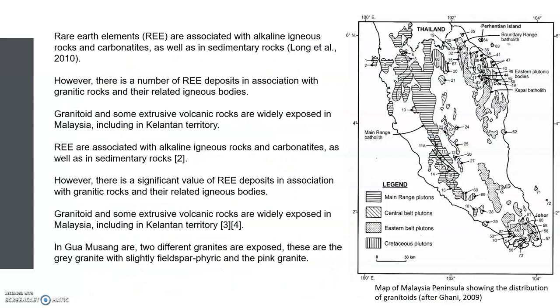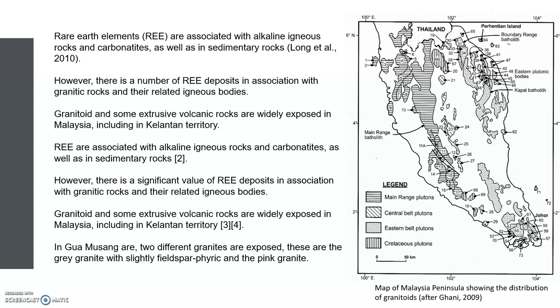Although rare earth elements are relatively abundant in the earth's crust, they are rarely concentrated into mineable ore deposits. REE are associated with alkaline igneous rocks and carbonatites, as well as sedimentary rocks. However, there is a significant value of REE deposits in association with granitic rocks and their related igneous bodies.